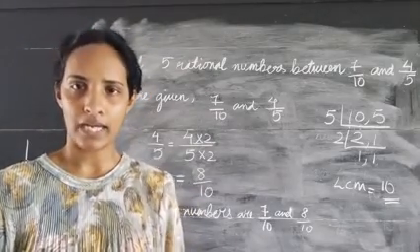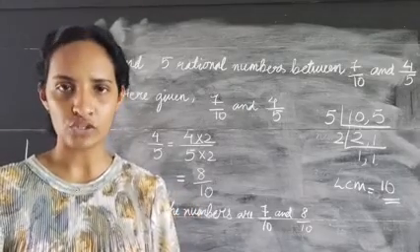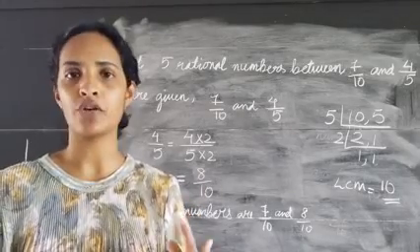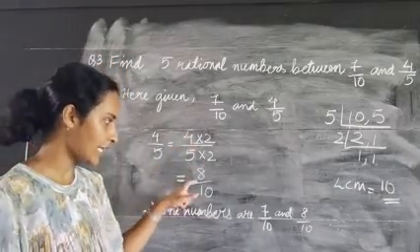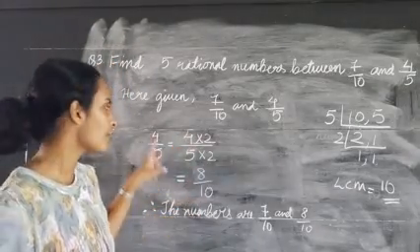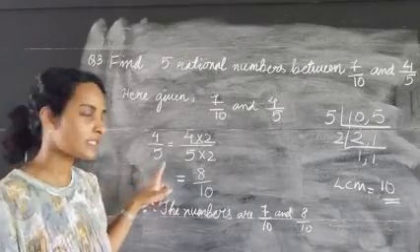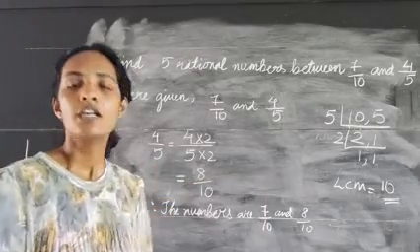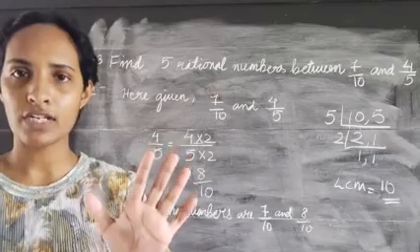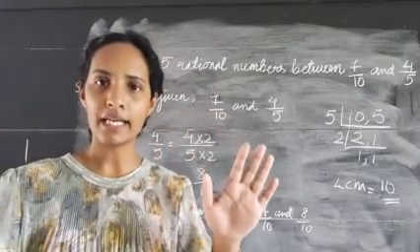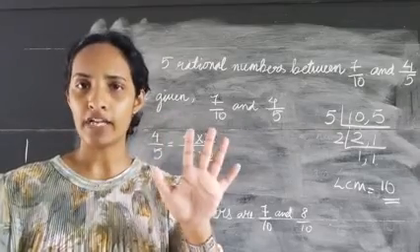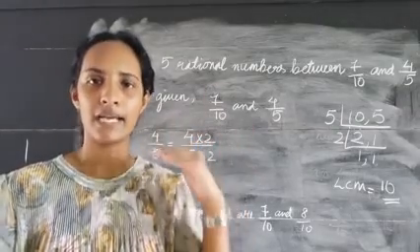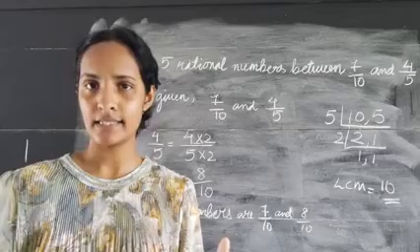So that's the reason why I multiply the denominator by 2, then I multiply the numerator also by 2, right? So now doing this, I get 8 by 10, which means 4 by 5 is the same as 8 by 10, right? So finding out 5 rational numbers between 7 by 10 and 4 by 5 is the same as finding out 5 rational numbers between 7 by 10 and 8 by 10, right?